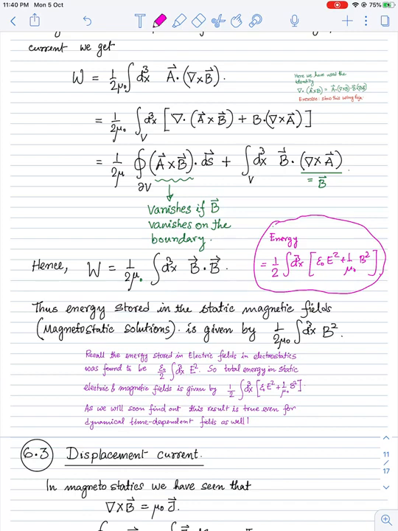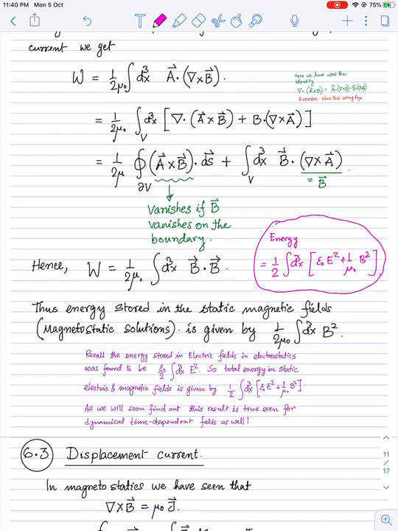So the electric and magnetic fields carry energy just like particles carry kinetic energy or potential energy. Like that, the fields also carry energy, and as we will see later, they also carry momentum and angular momentum. We'll soon see all of that. So there's not much difference between the classical mechanics of particles and the classical mechanics of fields.